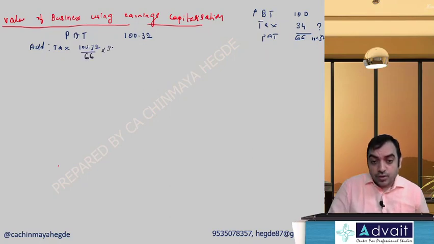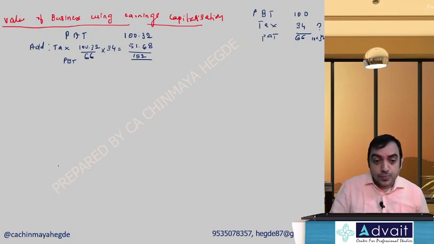How much for 34? 51.68. Or directly you can multiply it by 100 also. So profit before tax, PBT, is 152.